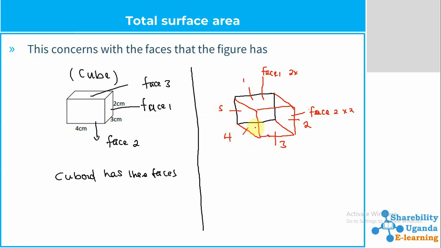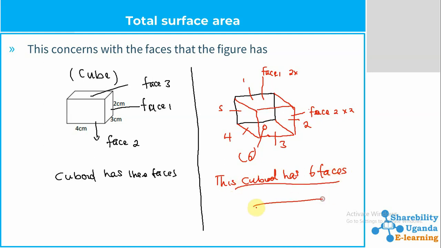Then we also have the one which is down, this one. This is going to be 6. So now we can say that this cuboid has 6 faces.